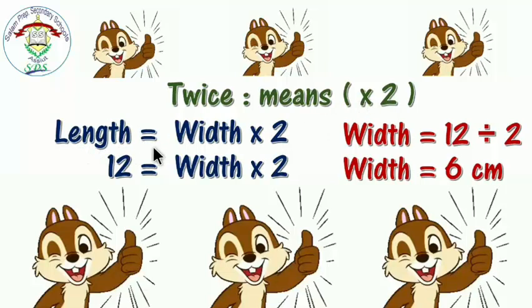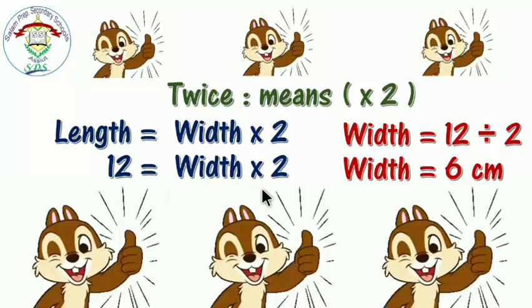Length equals twice the width. Width twice means times 2. We know length equals 12, equals width, which is required, so we put width times 2. As we said before, when we move the sign from one scale to another, please inverse the sign.